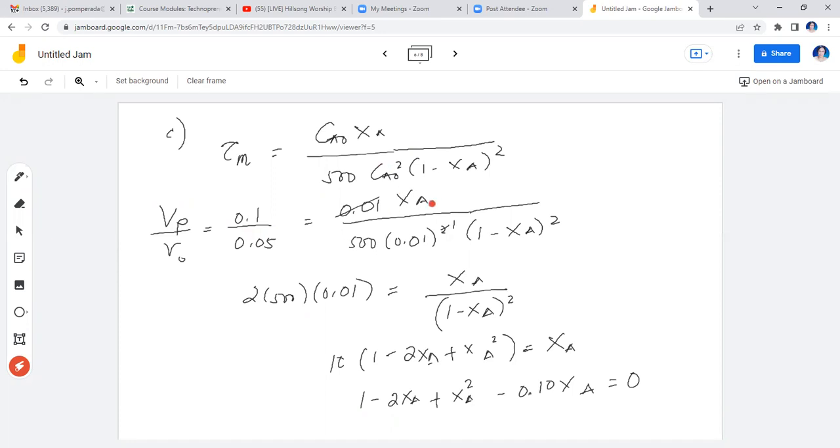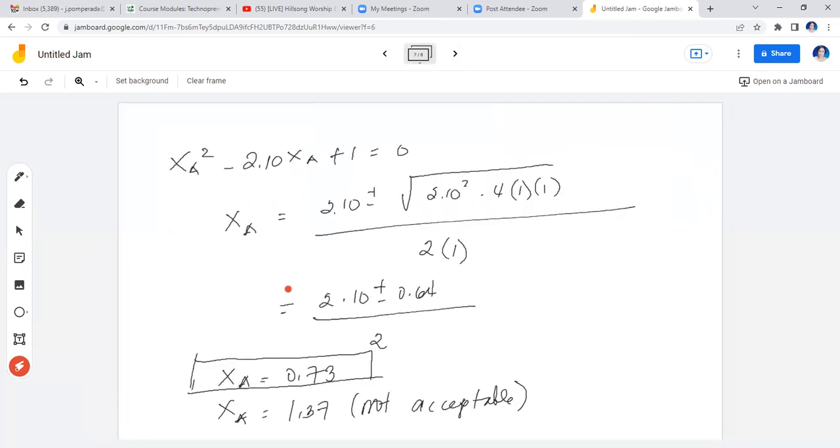And you are to determine the corresponding conversion. So everything is just substitution to this particular formula. And you'll be having an expression which has x sub a as the unknown, quadratic in nature. So if you simplify that, this would be the corresponding answers that you'll be getting.